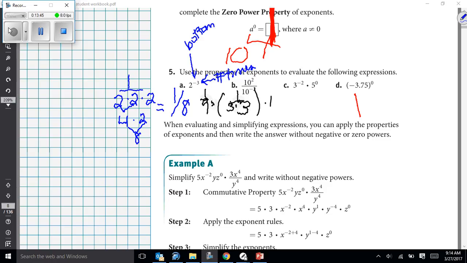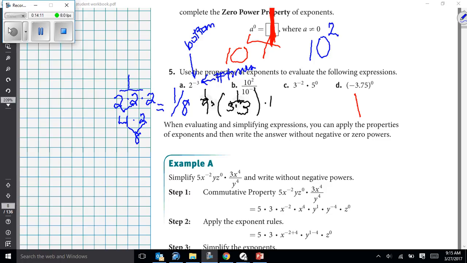All right, Cole, what number is yours? You have 10 to the 4th. It's the red one up here. How did you get that? All right, so we have a common base of 10. So when you have a base of 10 and you divide, what do you do with your exponents? You subtract them.